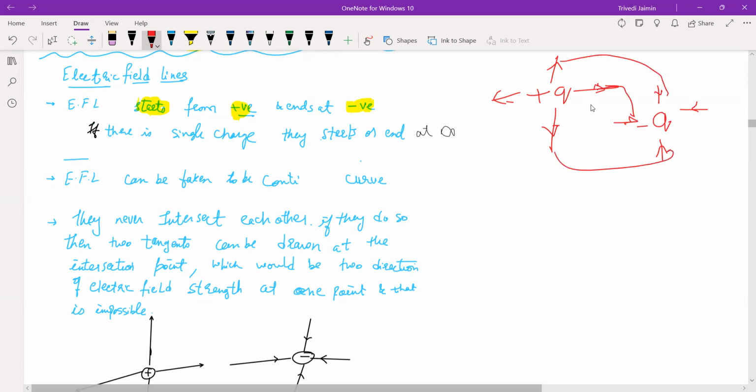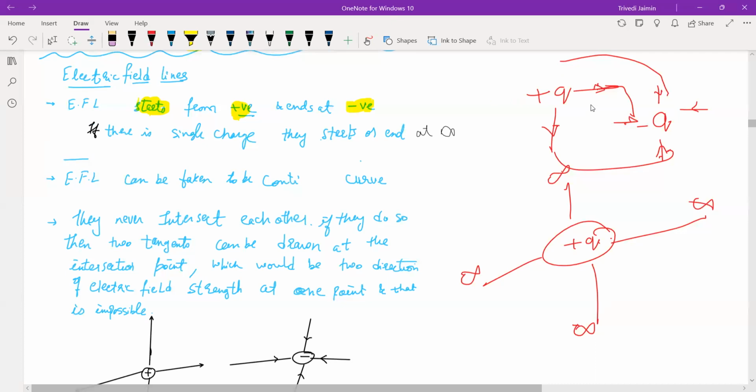Now, if it is only a single charge, it doesn't go like this, it will go to infinity. So if there is a single charge, the lines start or end at infinity.